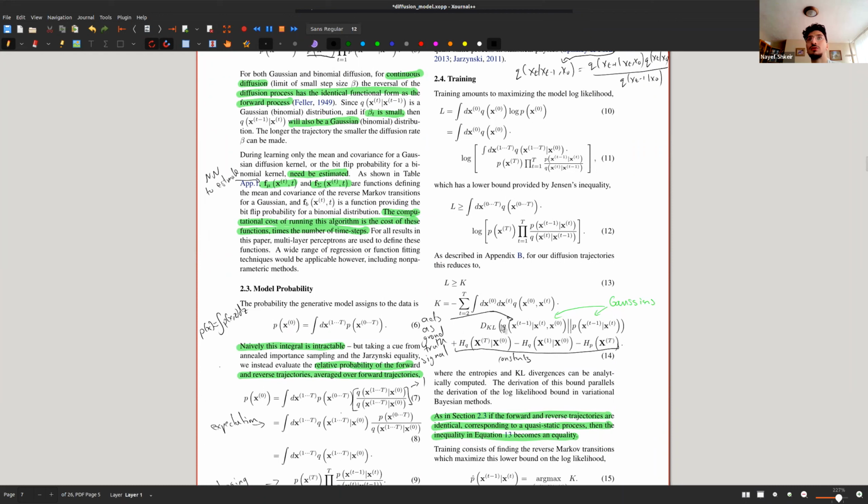So you have your ground truth signal, which is going to be your image in your forward Markov chain, and then you calculate the KL divergence between that and the image that you're generating from your isotropic Gaussian.